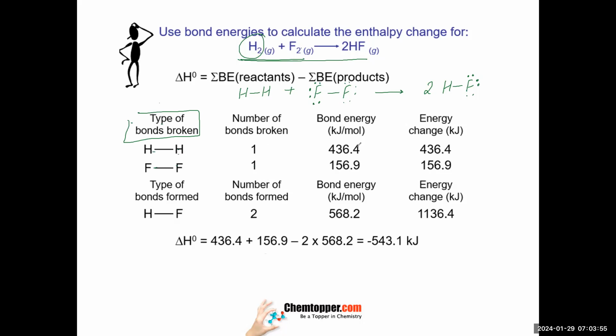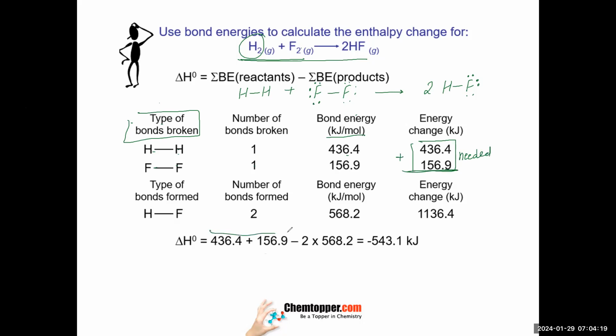How much energy is needed? This much, because bond energy is always in kilojoules per mole. If it is 2, then you have to multiply by 2. Right now it is 1, so the energy needed is the same. This is energy needed, with a positive sign. Add these values.